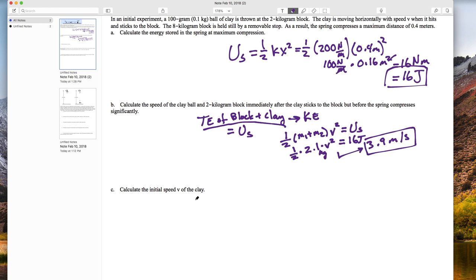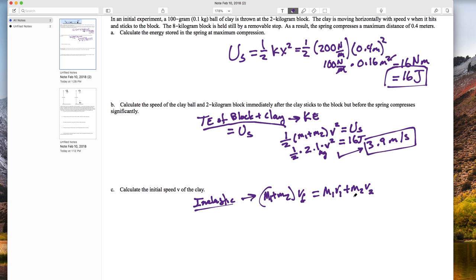If we consider that we have an inelastic collision, well, we know that we have some combined mass times a final speed, and that's equal to the individual masses times the initial speeds.